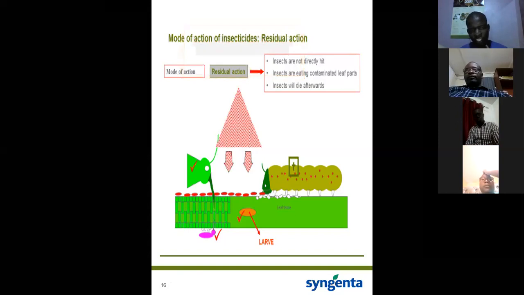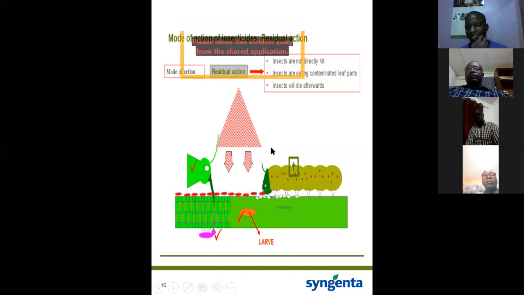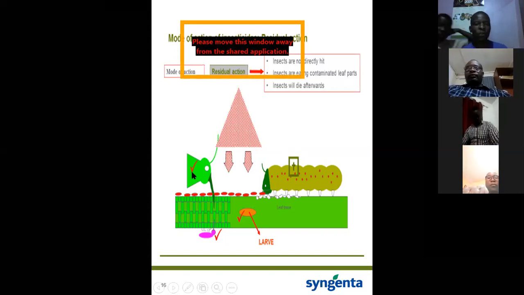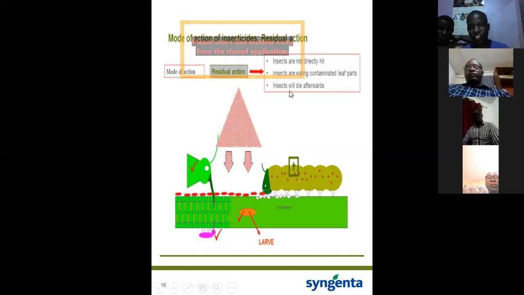The image you are seeing on the screen shows a chewing pest, and on the left-hand side a sucking pest. These red dots represent the chemical. This chemical that has been sprayed has a residual action, meaning that it's able to stay for a long time.